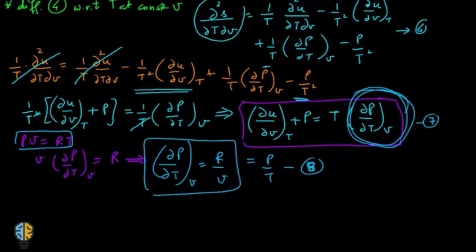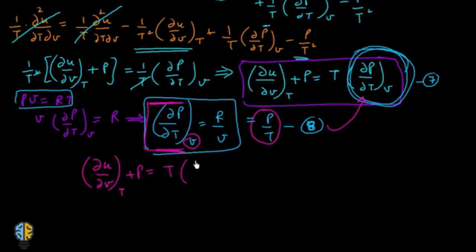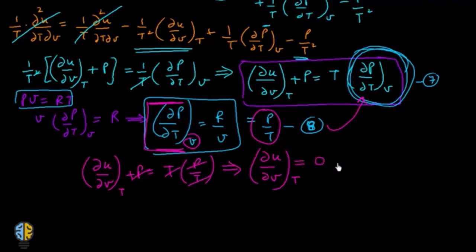Okay, so now let's put the value of ∂P/∂T at constant volume, which is equal to P upon T, in equation number 7. So let's see what magic this does. So you'll get ∂U/∂V into T plus P is equal to T into P upon T. Okay, so T and T can be cancelled, then P and P can be cancelled. So ultimately what you get is ∂U/∂V at constant temperature is equal to 0.